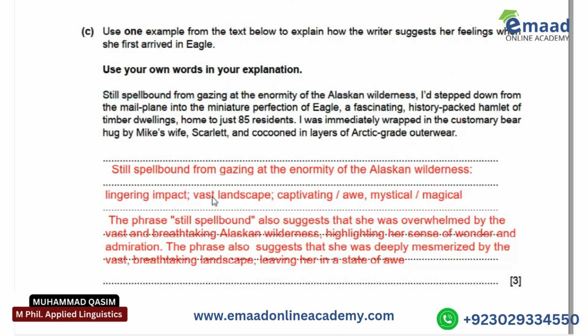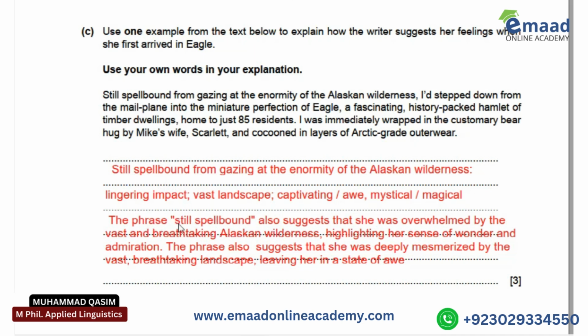The lingering impact on him, and the vast landscape of Alaska, its wilderness, and captivating. The writer uses the word still spellbound, and the mystical and magical impression and impact of his feelings.